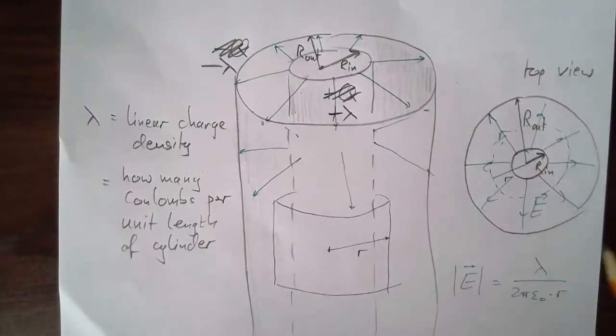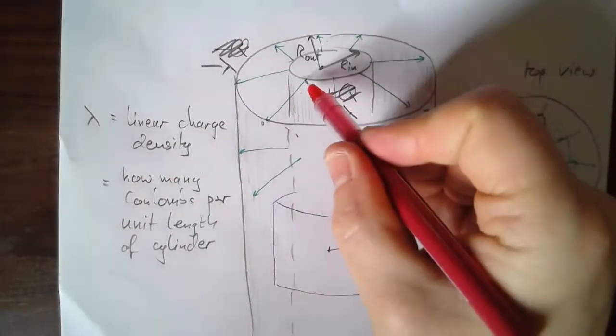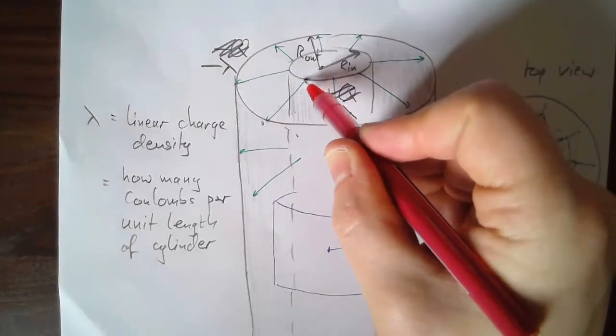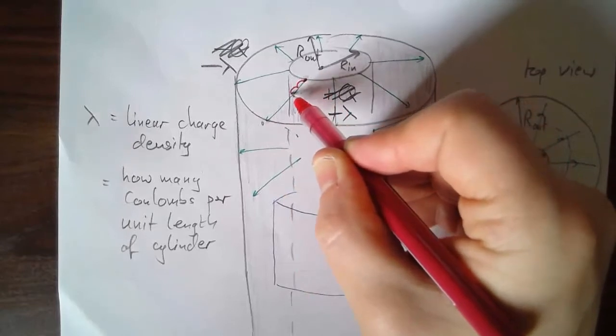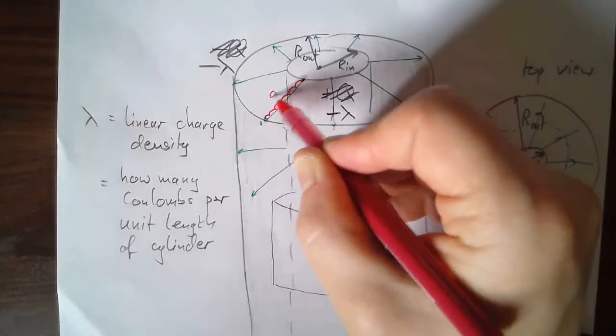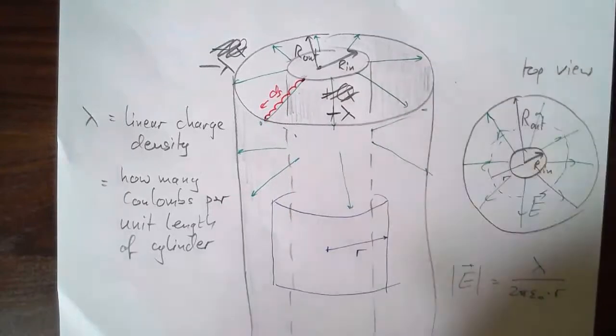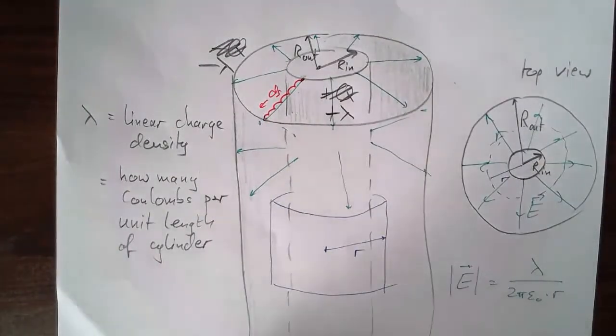Right? And the easiest path is going to be, we start on the inner cylinder and just go in a straight line radially outwards. So our little ds steps are going to be this way. It's our integration path.